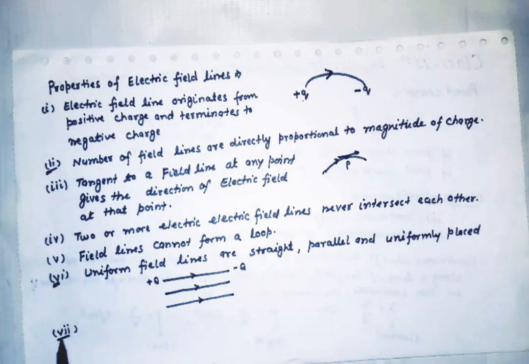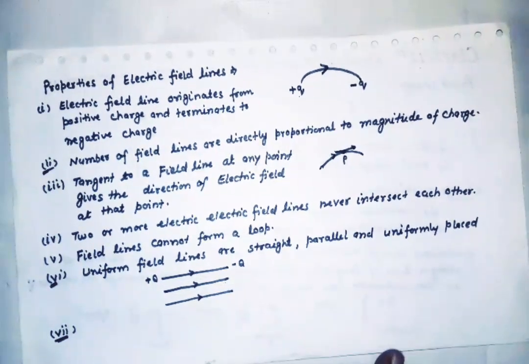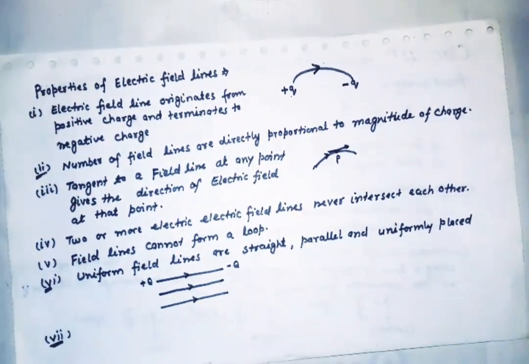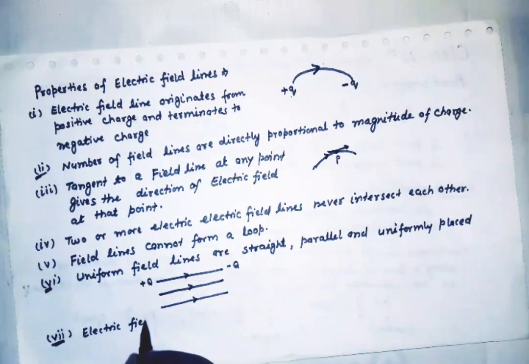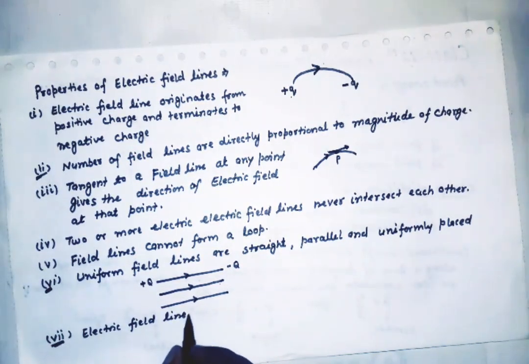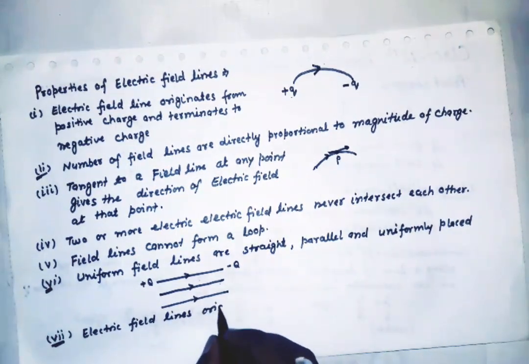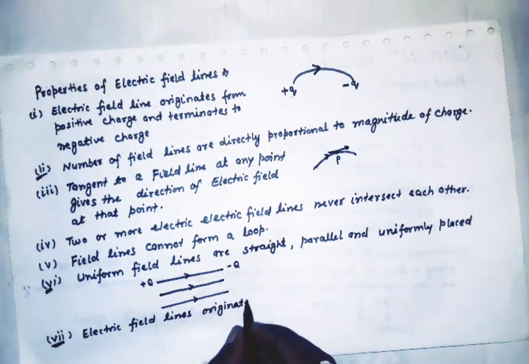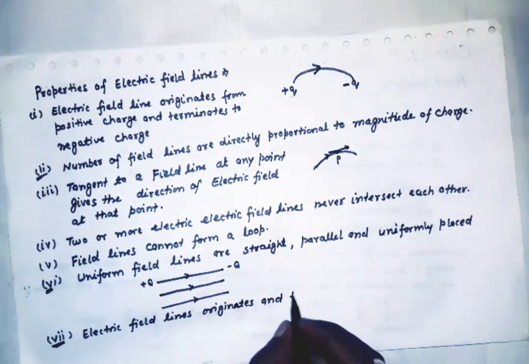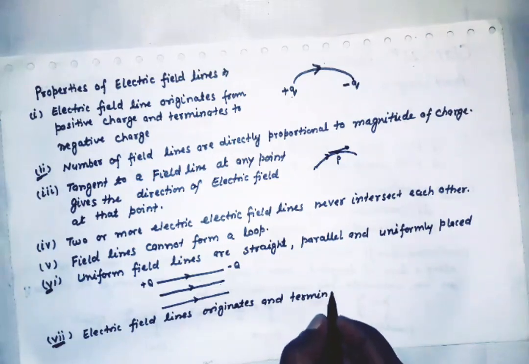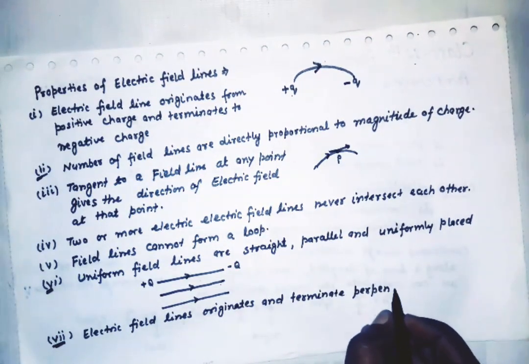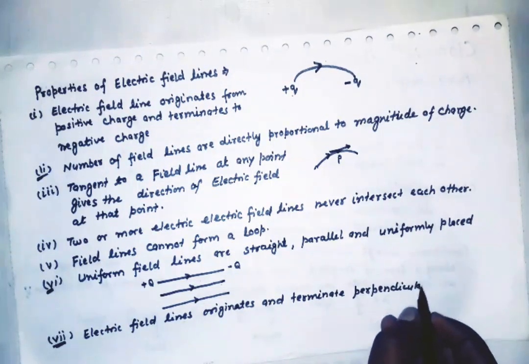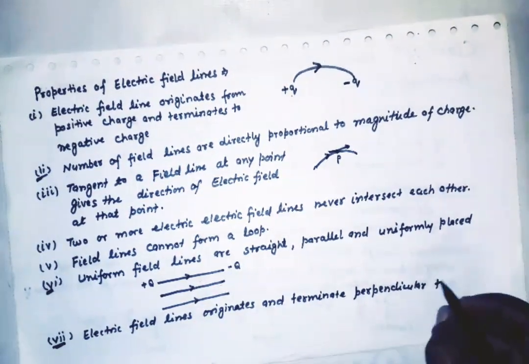Next property, electric field lines originate and terminate perpendicular to the surface of the conductor.